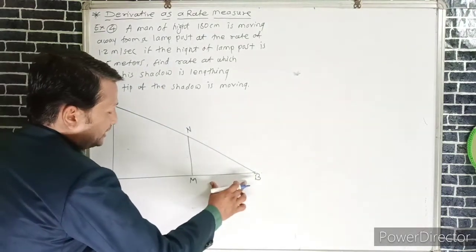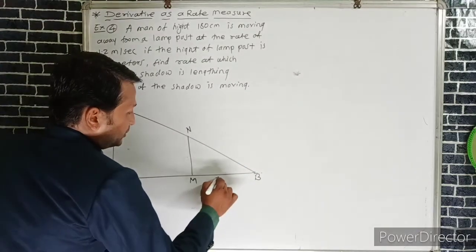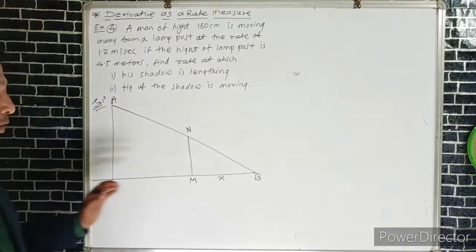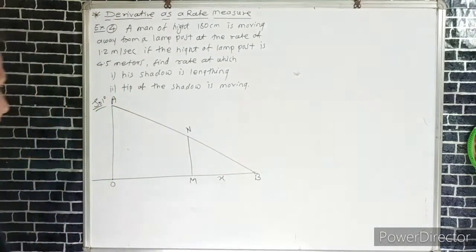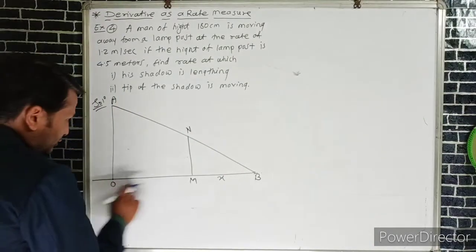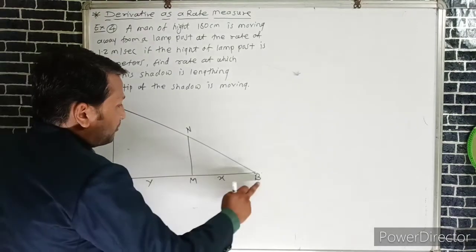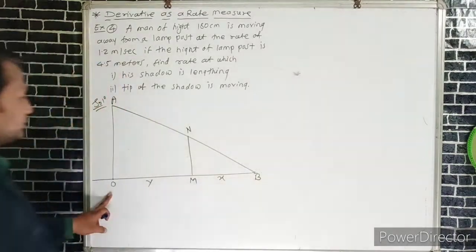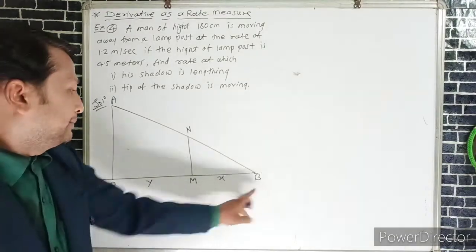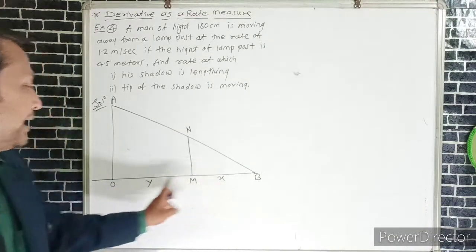We consider the length of the shadow of the man, MB, to be x, and the distance OM to be y. Hence the length of the lamp post's shadow OB is OM plus MB, which is x plus y, or y plus x.